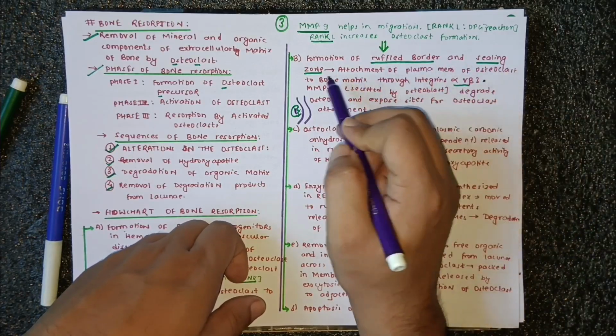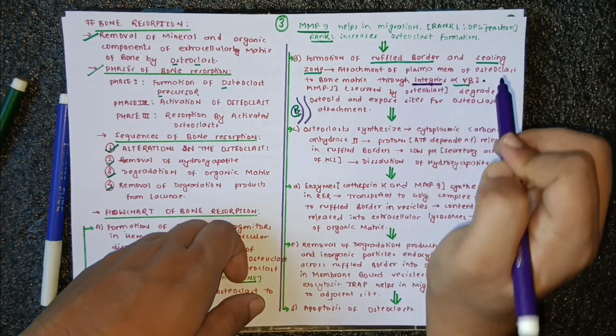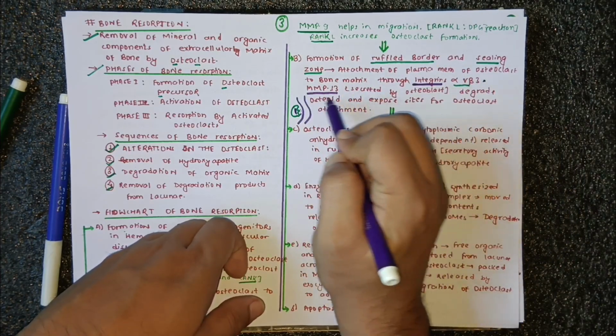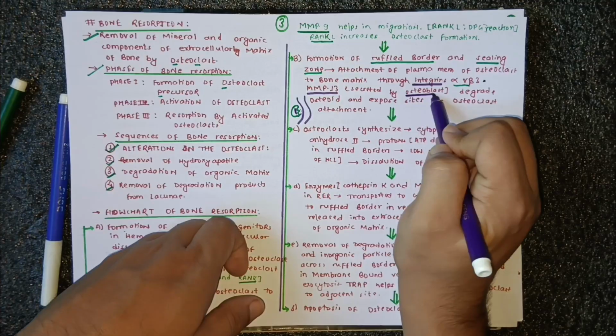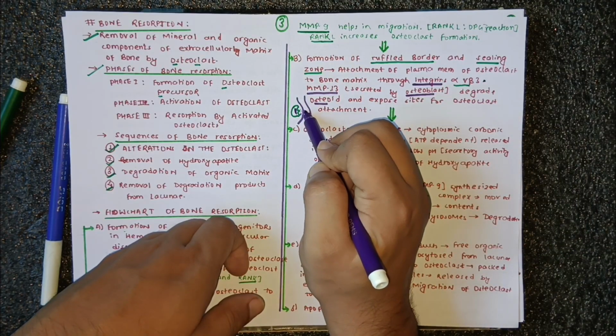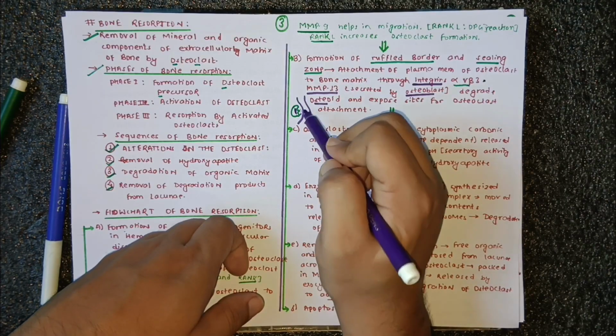So with this ruffle border and sealing zone, the attachment of the plasma membrane of the osteoclast is through the integrins, this is important here. And MMP13 is a chemical secreted from the osteoblast, which degrades the osteoid. The osteoid is present in the bone, in this exposed portion of the bone which is going to resorb.